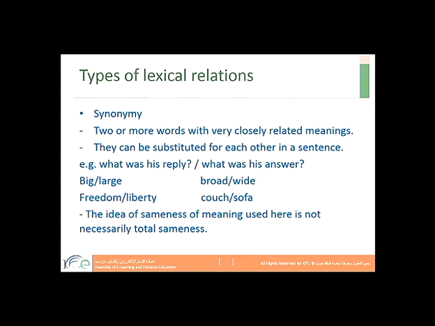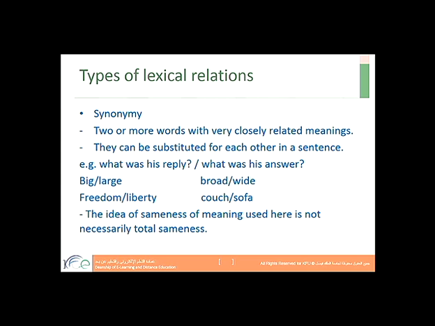What is synonymy? Synonymy refers to two or more words with very closely related meanings. They can be substituted for each other in a sentence. For example, what was his reply?